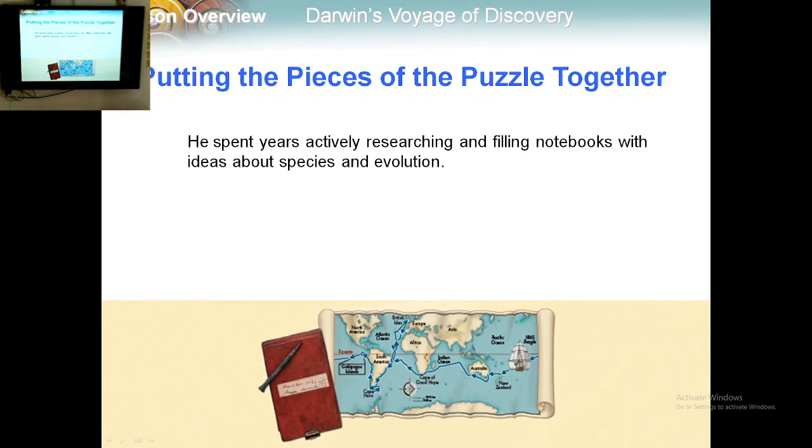And he spent years actively researching and filling notebooks with ideas about species and evolution. So from Darwin's observations, we have to know the three main points: species vary globally, species vary locally, and species vary over time.